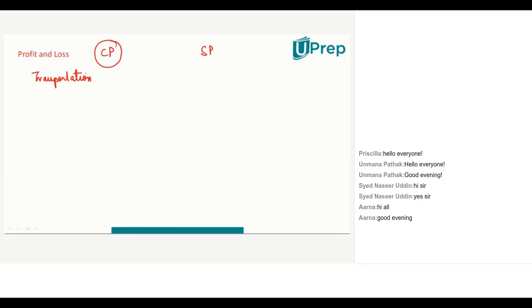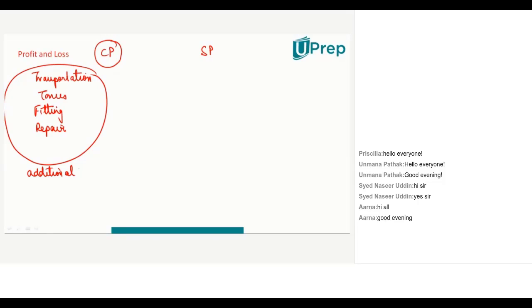Or there can be any kind of taxes or fitting expenses. Say there are any kind of repairs, anything. All these are nothing else but your additional costs, in addition to what you pay for your television, for your refrigerator, etc.